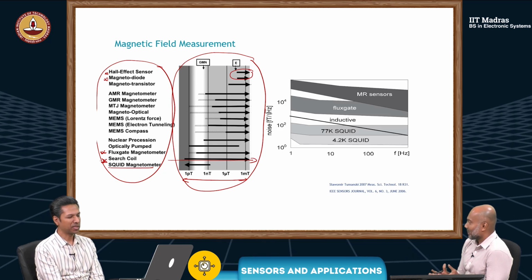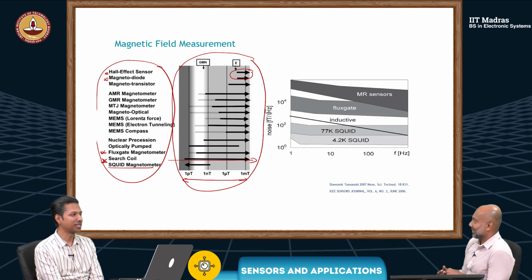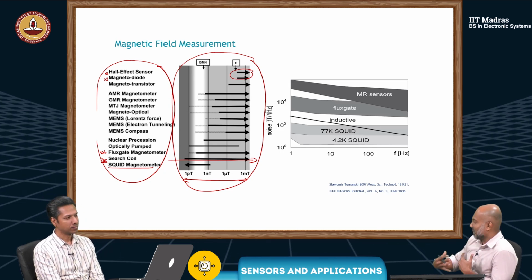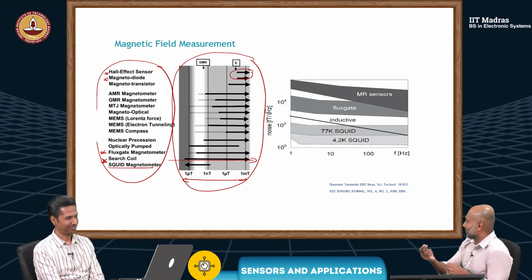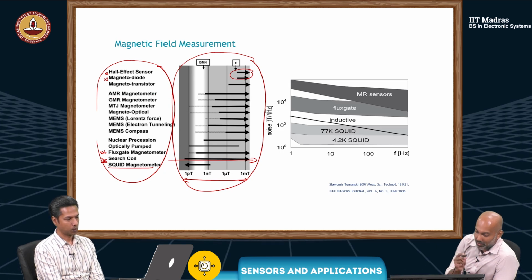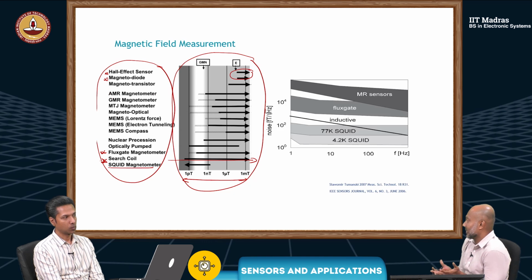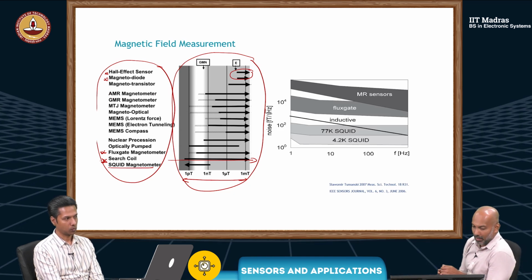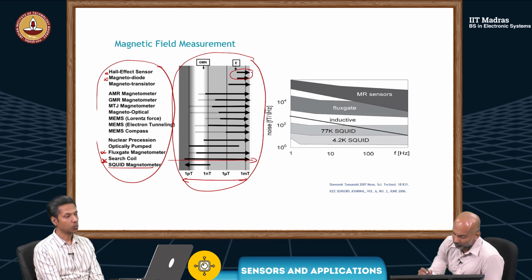So maybe for some specific scientific studies, yes, it could be used, but not for a commercial product. No, and it's also quite big. So definitely in situ, there's no way you can take it to places, right? Whereas with Hall effect and magneto resistive type sensors, you can make portable sensors.